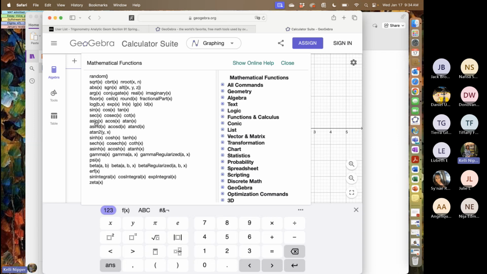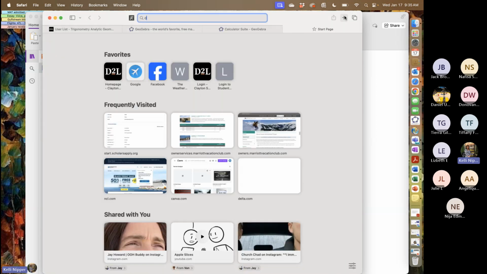Arc sine is here, but you could also use cosecant for that. So these two are the same thing, and secant and arc cosine are the same thing. You can use those to help you with this particular graphing program.